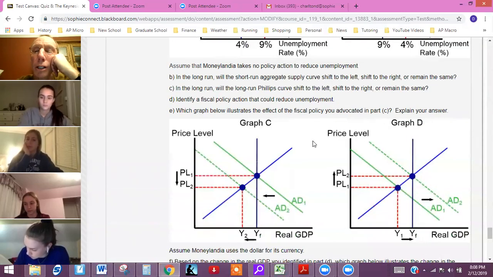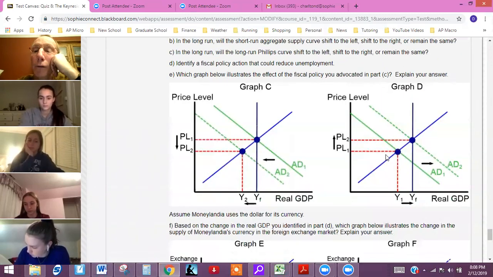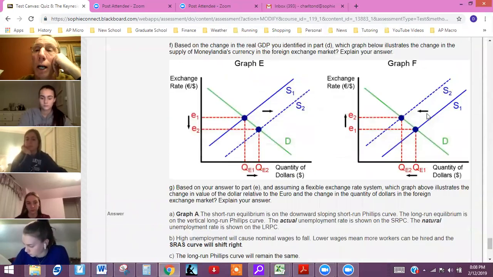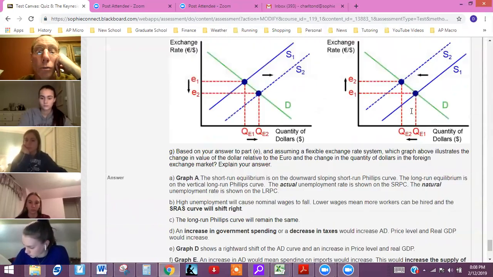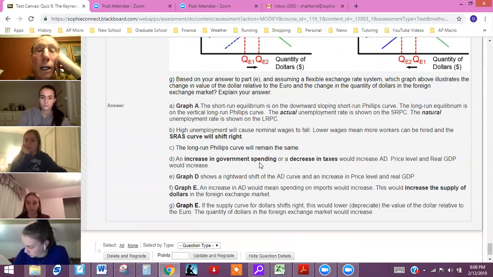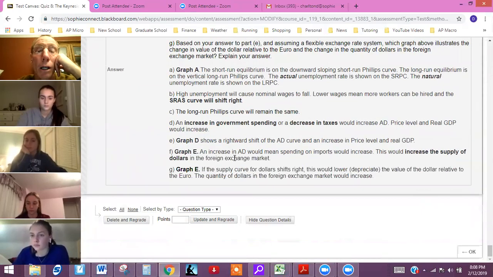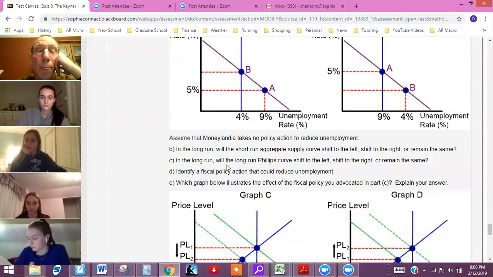Actually, you didn't have a problem here, because it's easy to show that if they increase spending, then you're going to shift the aggregate demand to the right. But you got that, which is D, and then F. Okay, that's the answer.